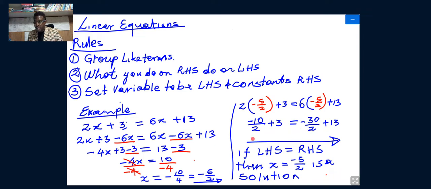You will see if you get the left hand side equal to the right hand side. If it is so, then it would mean that the value of x, which is negative 5 over 2, is the solution. But if left hand side is not equal to the right hand side, then the answer was wrong. We need to relook at it again.